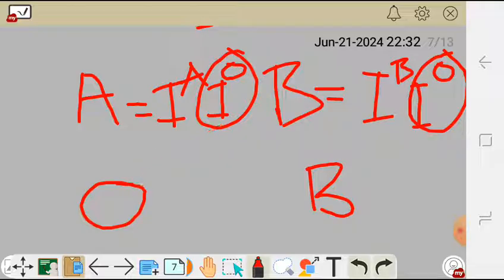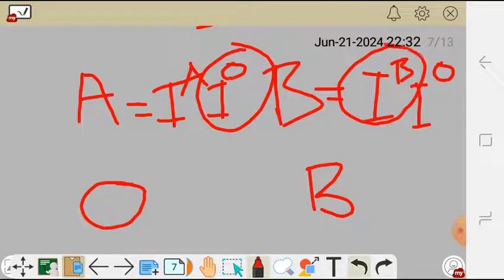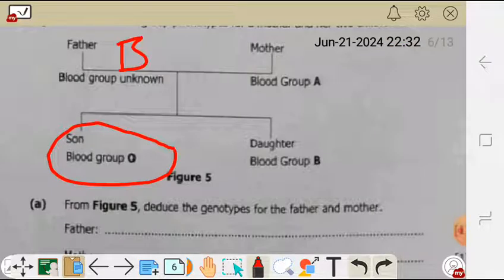And now this O from the mother and the B from the father will form this B here, which is what we are seeing in this figure.